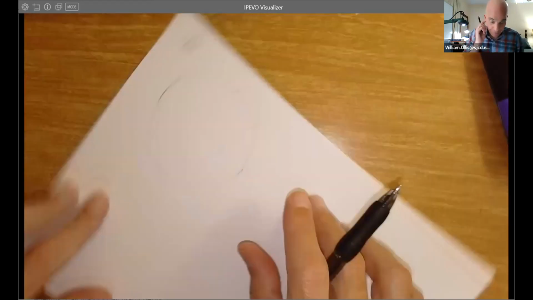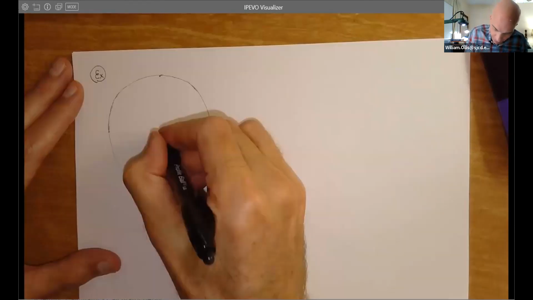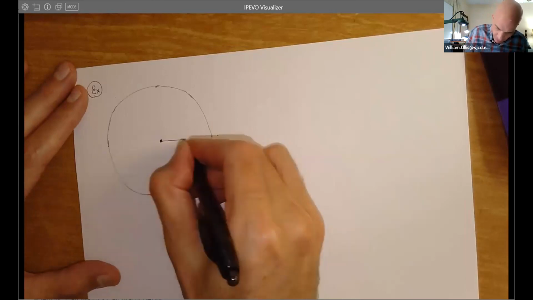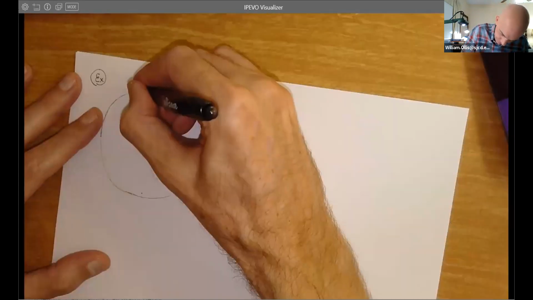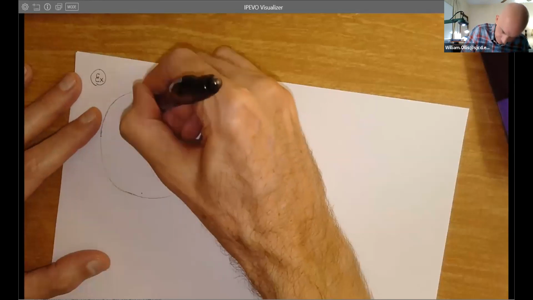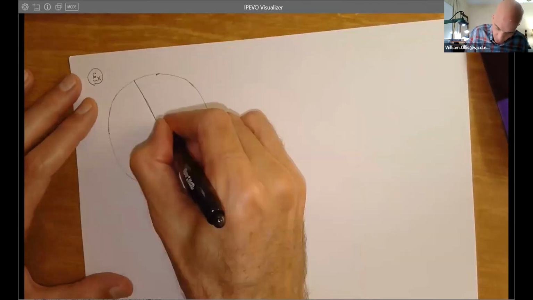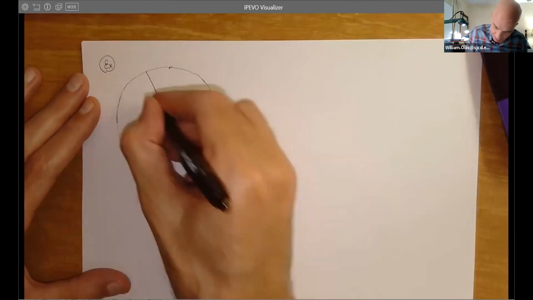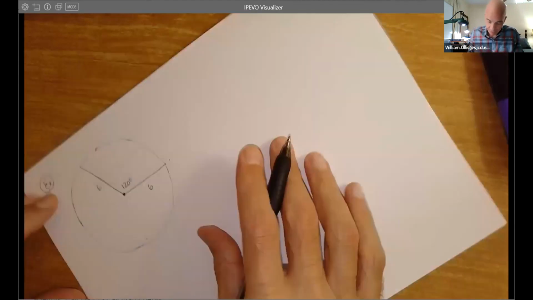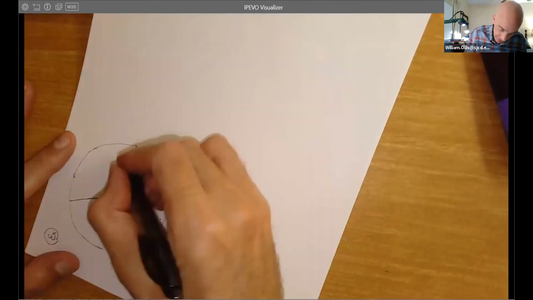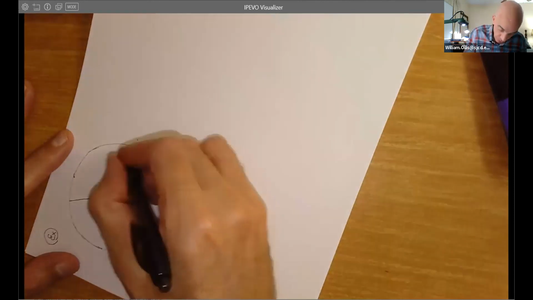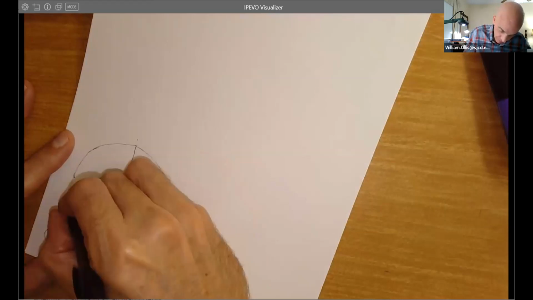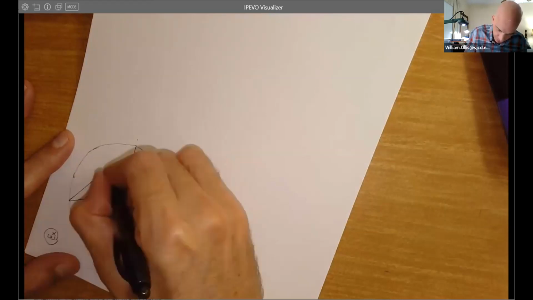So here's our circle. And what we have is a central angle of 120 degrees. So we have 120 degrees, and we have a radius in this case of 6. And then we draw a chord connecting the endpoints of these two terminal points here. Or we've got this angle and two terminal points, or actually it depends on how you're tracing this angle.